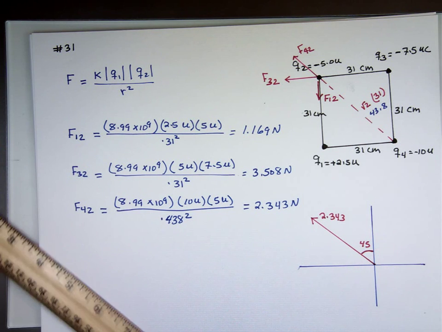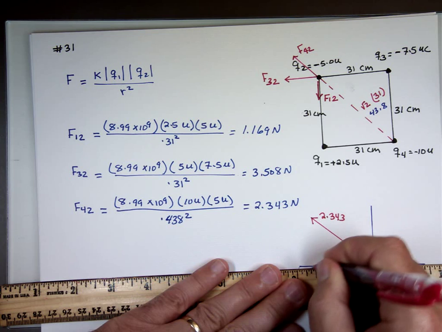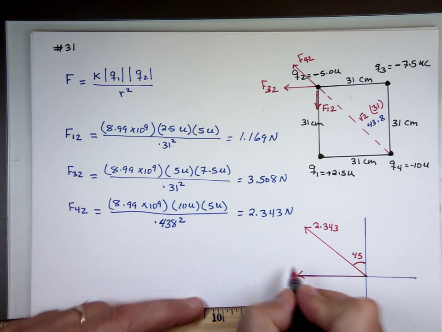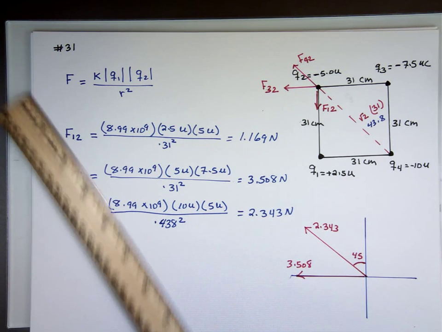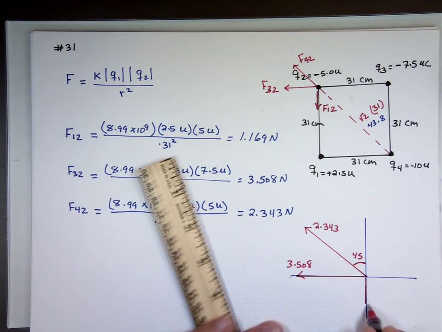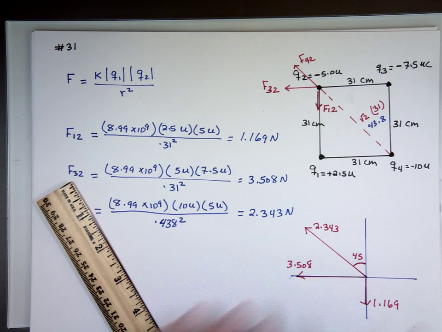I got one in this direction, and that's F32, which is 3.508. And I got one in this direction, which is 1.169. And I've got to find the net result of these forces.